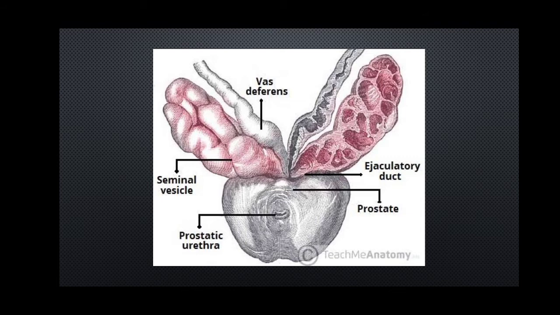And the seminal vesicle is responsible for secretion of three major things. First is a nutrient, which is the fructose. Second, just for protection you can say, citric acid is also secreted.